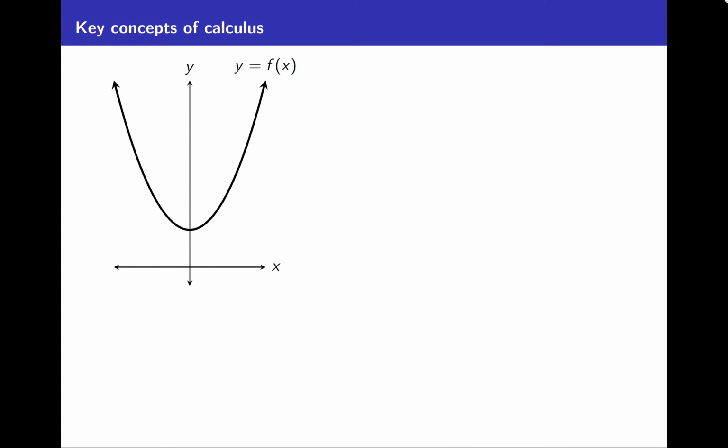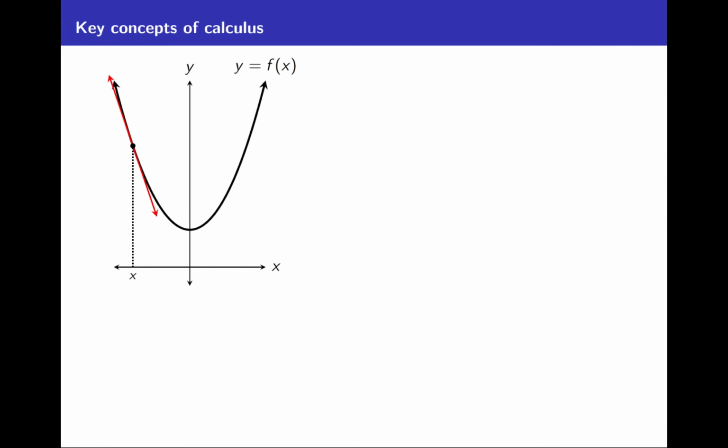Let's move on to talk about some of the key concepts of calculus that stem from this very simple idea. I've drawn a graph of a nonlinear function f of x, and let's take a particular value of x, like right here, and look at the tangent line above x.